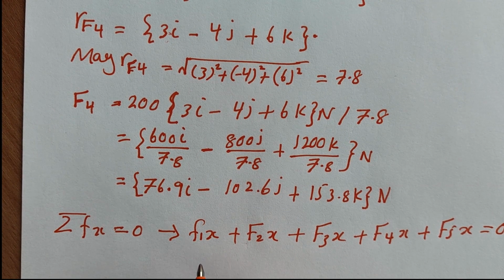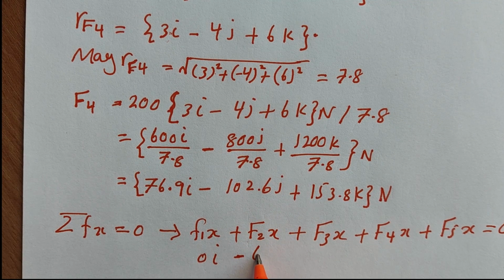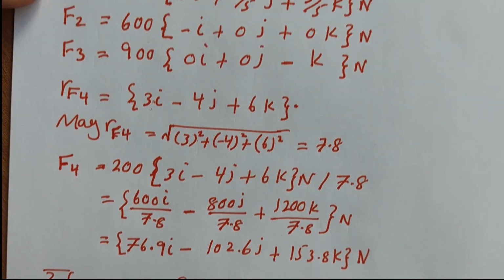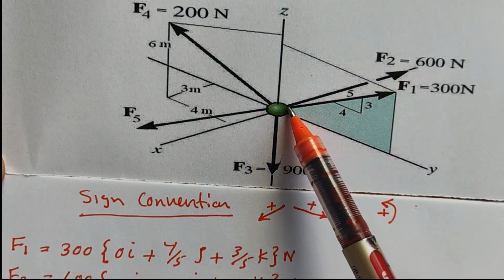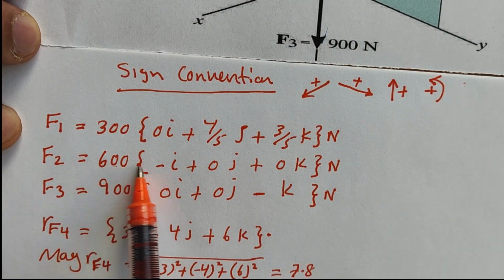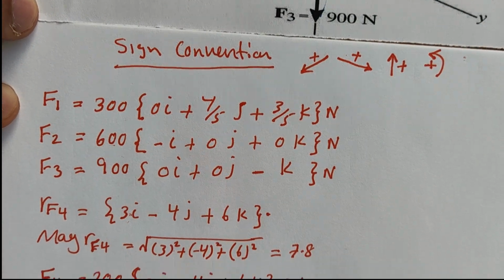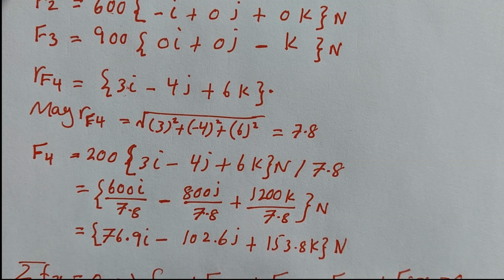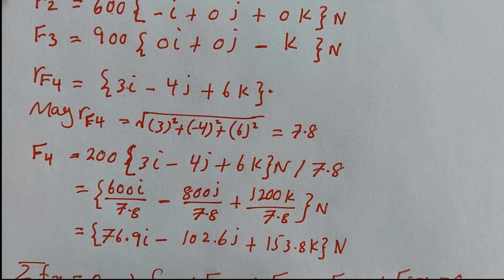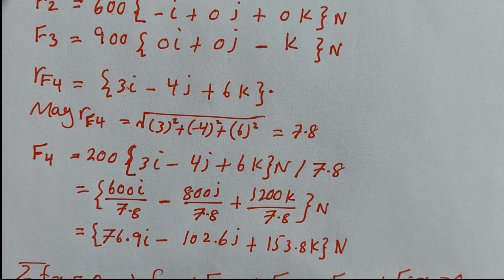F1 on the x-axis is 0i. F2 is negative 600i. F3 is 0i. F4 is 76.9i, plus F5 on the x-axis should equal 0.